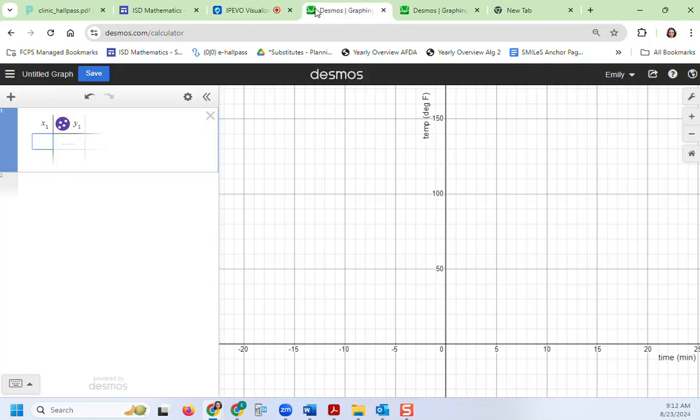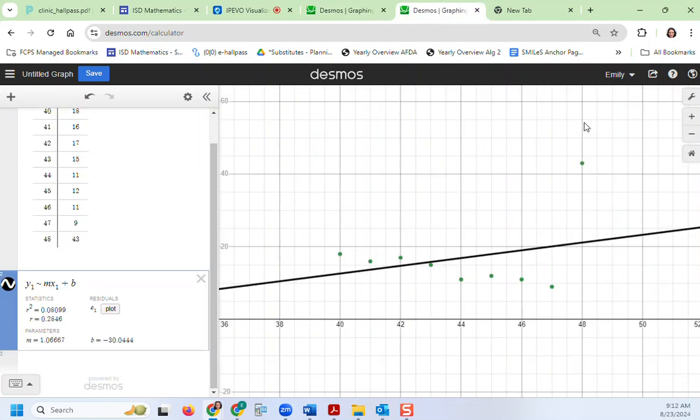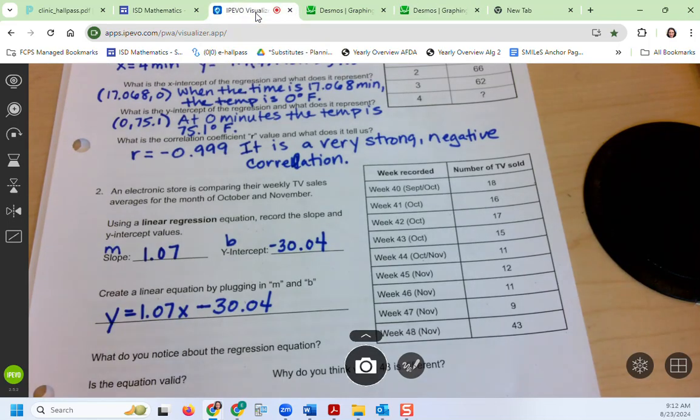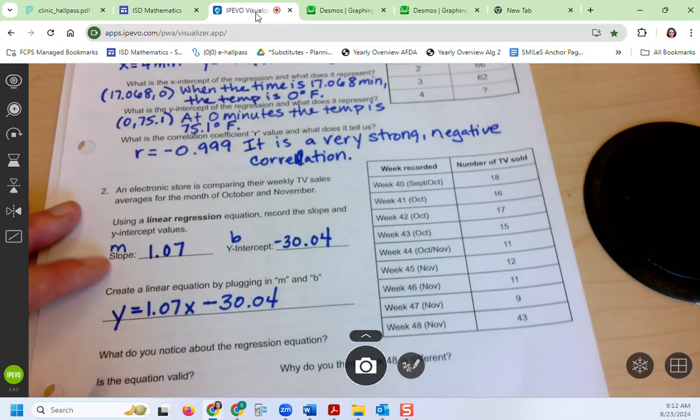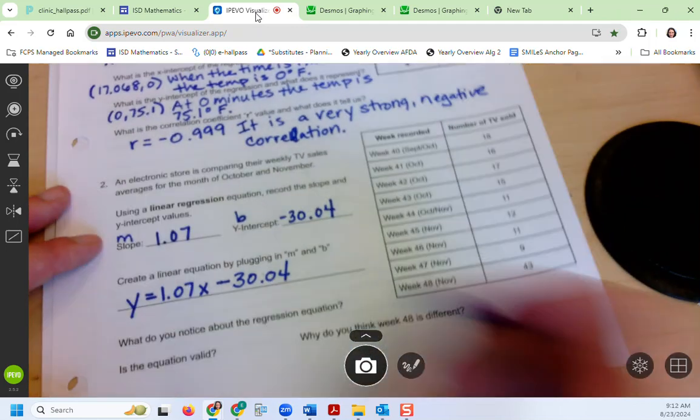And walking around the room, I heard some really good conversations about that. This outlier up here messed up our whole graph, right? So we could redo this without the outlier. That might be a responsible thing to do. But at the moment, we're going to finish answering the questions, and then we'll consider that. So what do you notice about the regression equation?